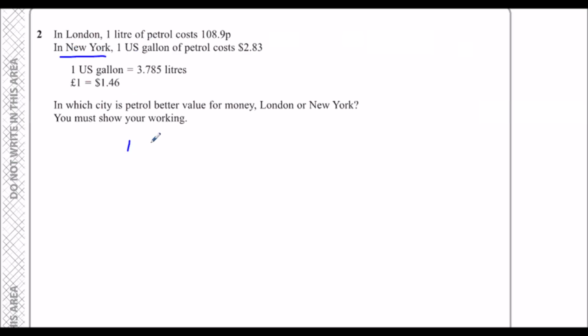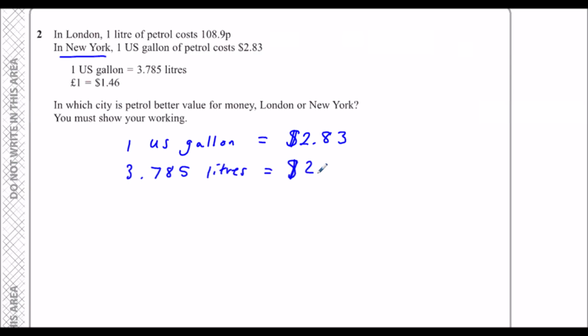At the moment we've got 1 US gallon equals $2.83. So let's change US gallons into litres. 1 US gallon is 3.785 litres, so 3.785 litres is $2.83.